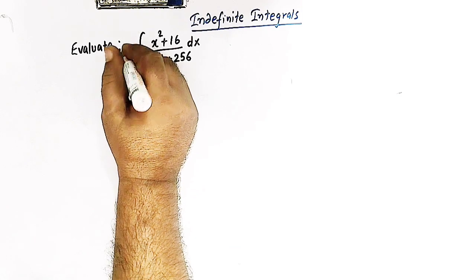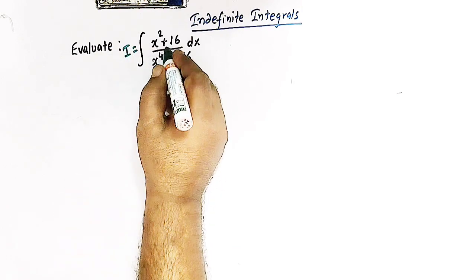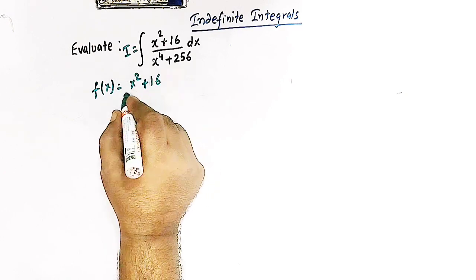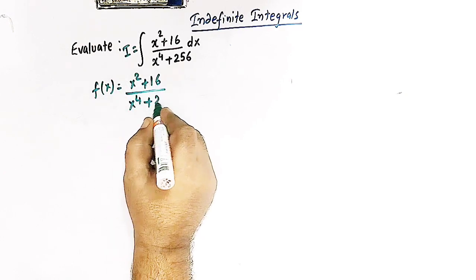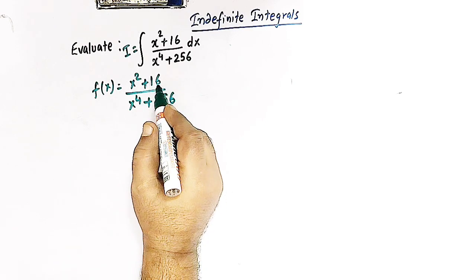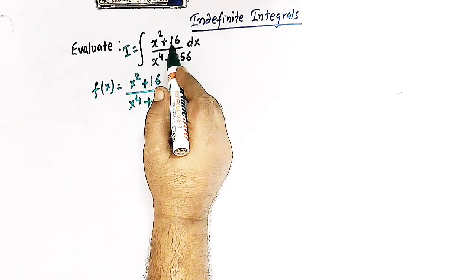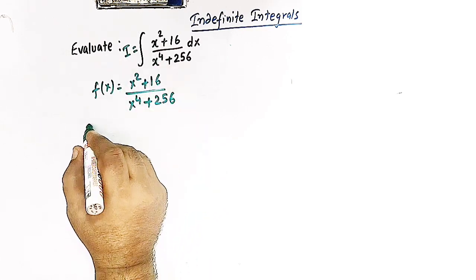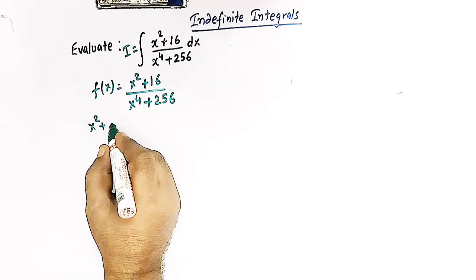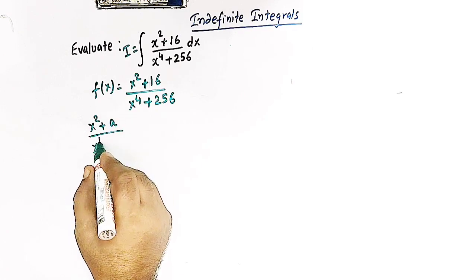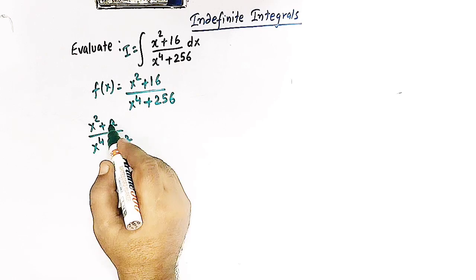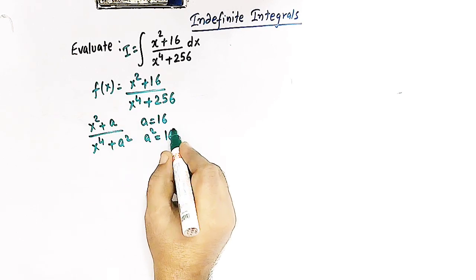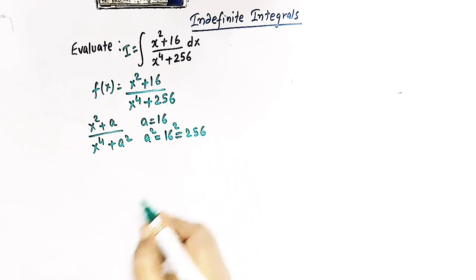So now let us call this integral I and our integrand f of x, that is x square plus 16 divided by x raised to 4 plus 256. Now if we closely look at this integrand, then we can easily make out that it is of the form x square plus a divided by x raised to 4 plus a square, where a is 16 and a square, that is 16 square, is 256, right?